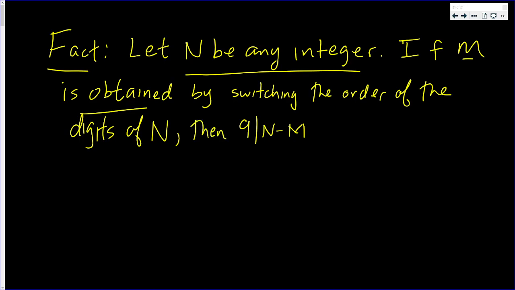So what exactly does it mean by m is obtained by switching the order of the digits?